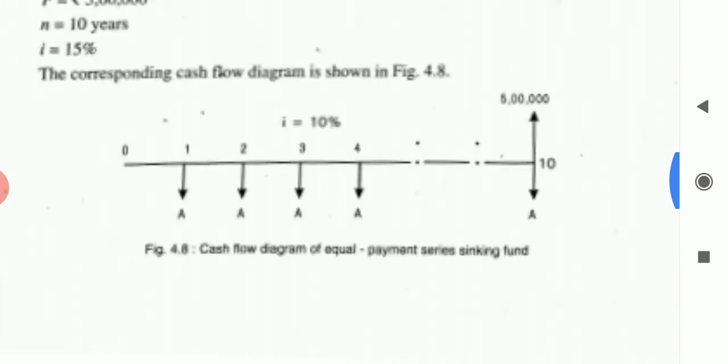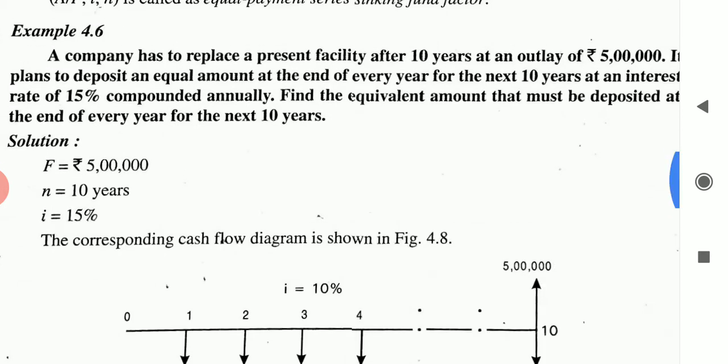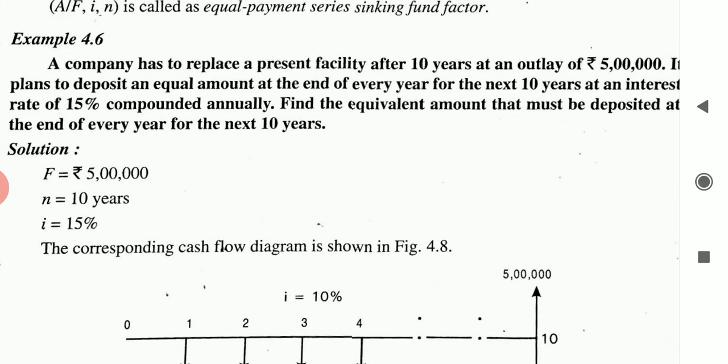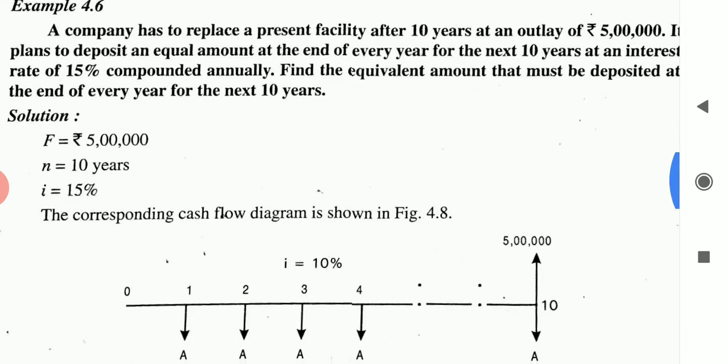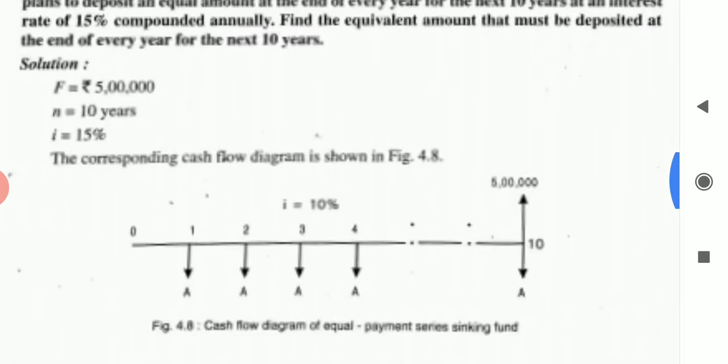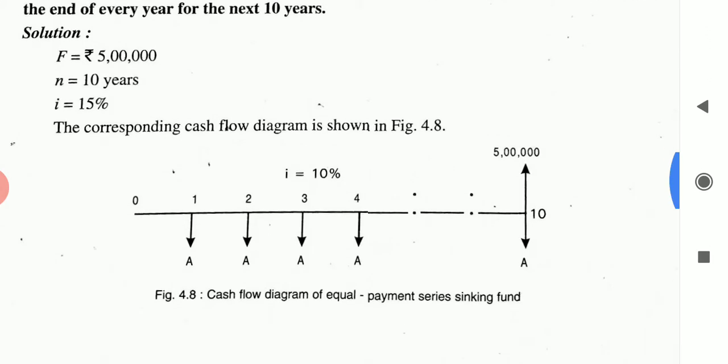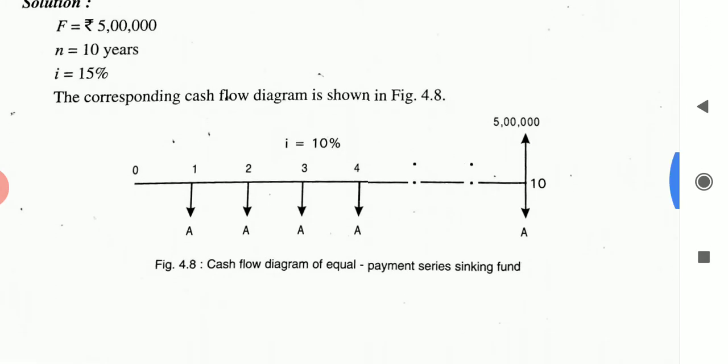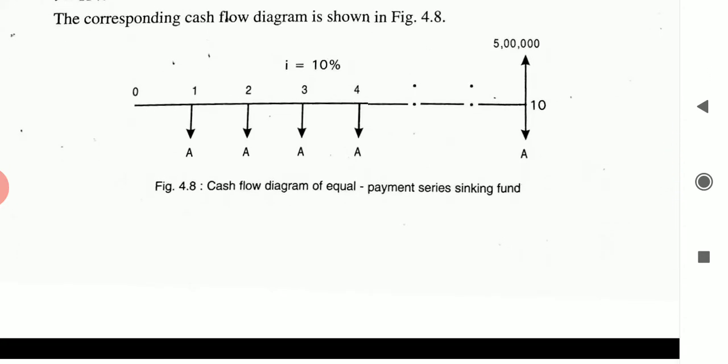See here, in these cases what he mentioned, a company replaces the present facility after 10 years, that outlay is F, which is 5 lakh, up to 10 years, and the interest is 15%.